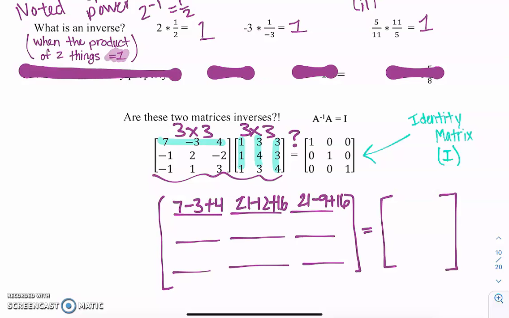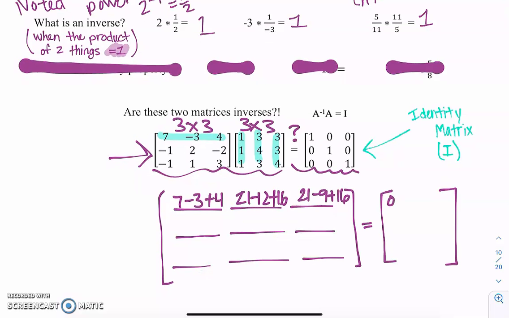So remember, we're trying to figure out if it equals this identity matrix. It's only an inverse if, when we multiply these two together, it equals that identity matrix. So 7 minus 3 is 4, 4 plus 4 is 8. We could really stop there. 21 minus 12 is 9, and this should not be 16, this should be 12.